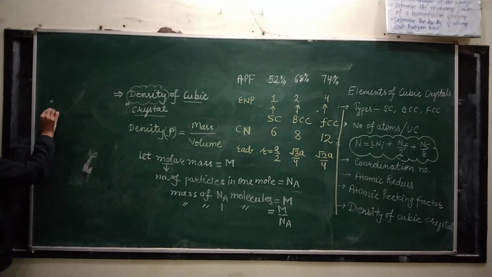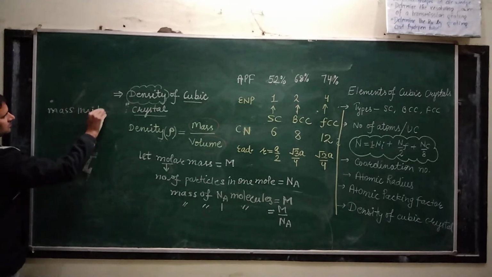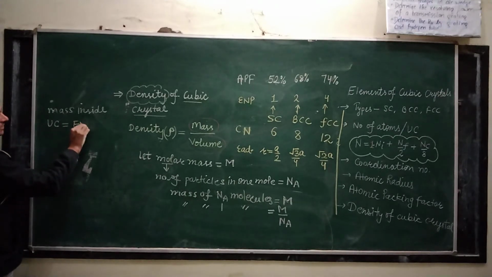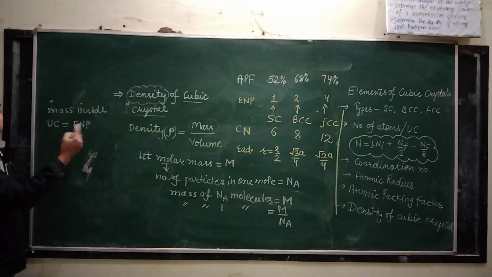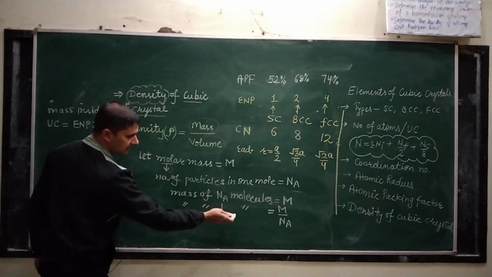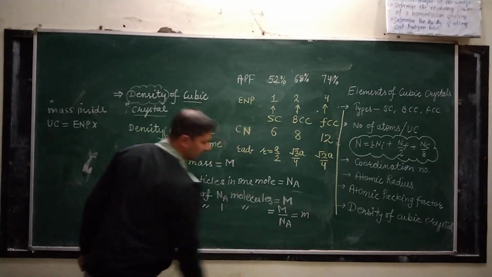So here you will find the mass inside the unit cell. This is equal to the effective number of particles inside the unit cell, into the mass of one particle. Okay, and let me represent the mass of one particle by small m.